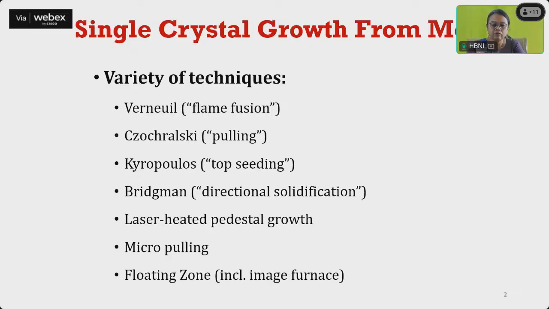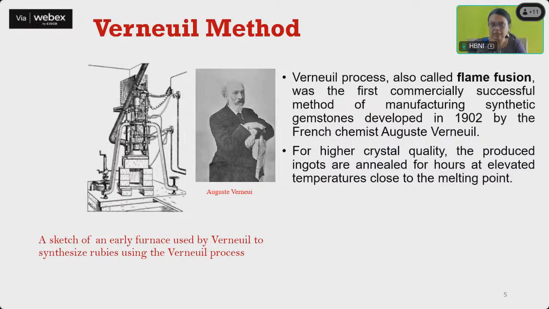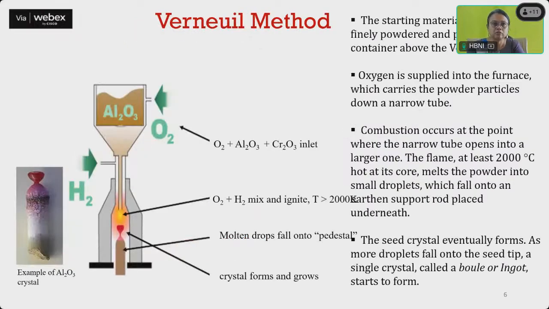Today we will be focusing on the melt growth techniques. We have already read about the Verneuil flame fusion method, which is used for the growth of sapphire crystals. Just to brush it up, we use a flame of oxygen and hydrogen.